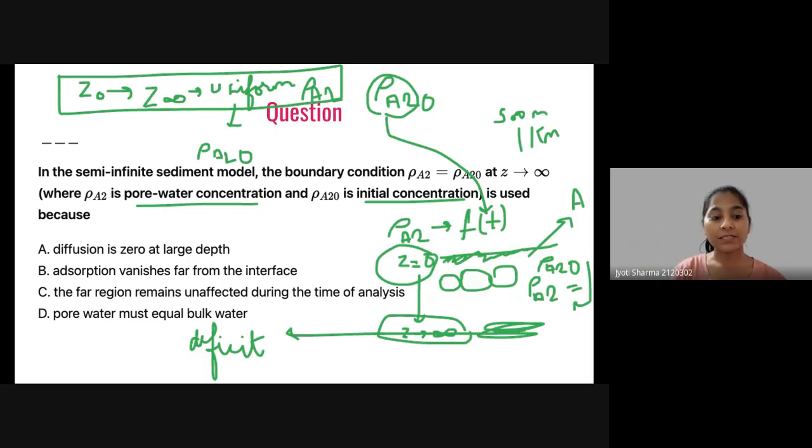So C is the right answer. The far region at z approaching infinity remains unaffected during the time of analysis, because diffusion is very slow.